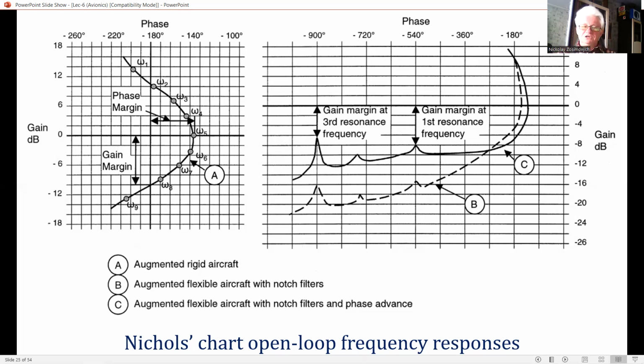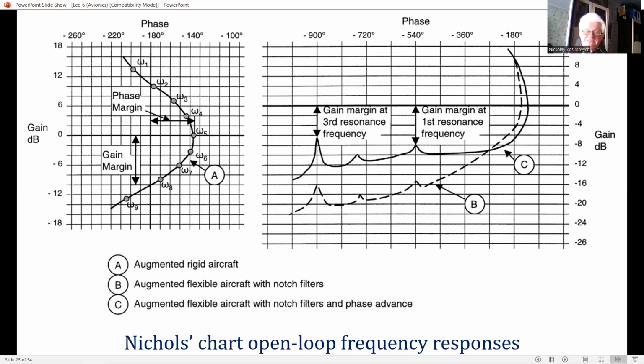But it should be noted that the phase of a highly damped structural resonance changes very rapidly from near zero just before the resonance frequency to minus 180 degrees just above the resonance frequency, being minus 90 degrees at the resonance frequency.